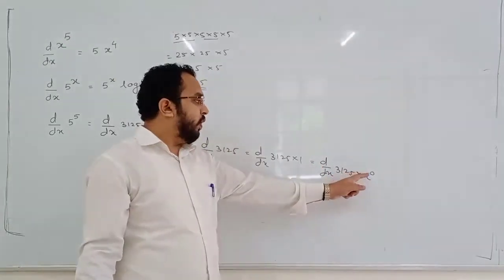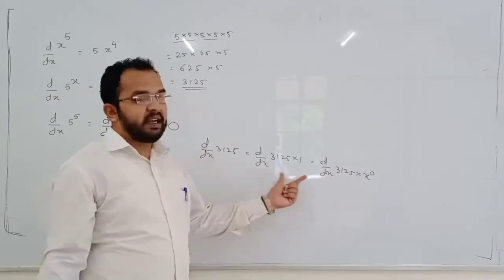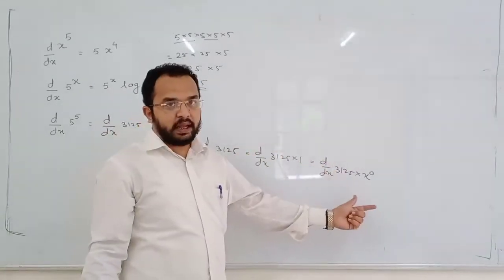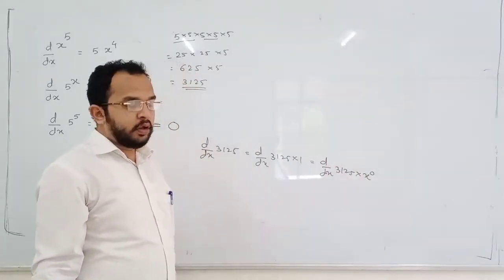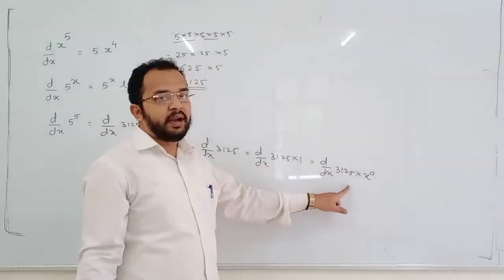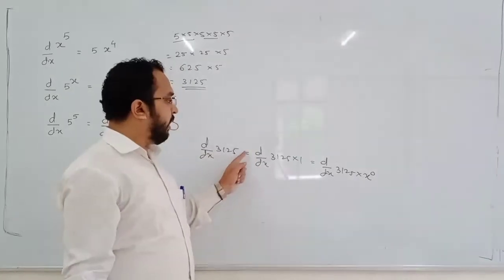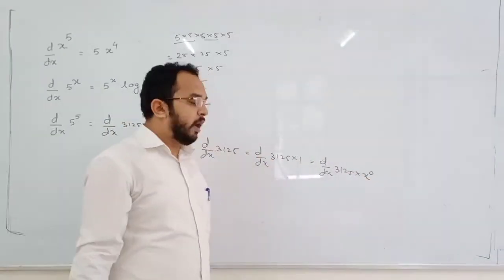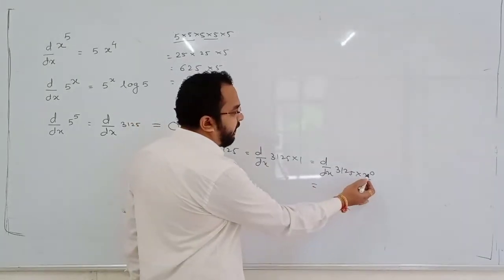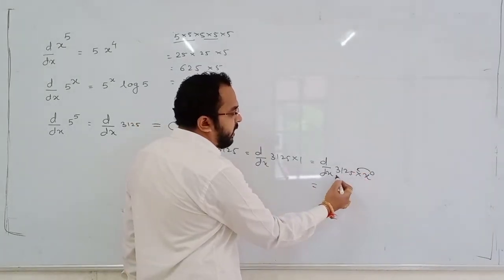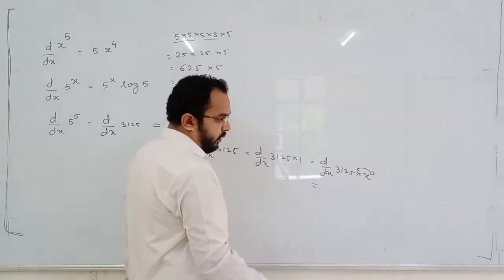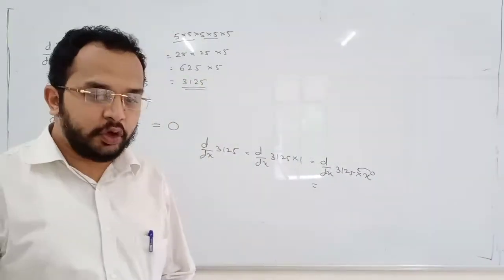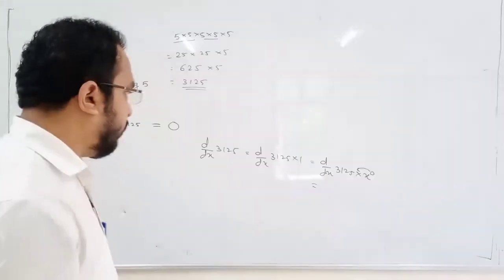And now, have I done the differentiation so far? No. I only gave this 3125 a different form. So up to this step I haven't differentiated. So 3125 can be written as 3125 into 1, and 1 can be written as x to the power 0. Now differentiate. Now if I differentiate, when this 0 comes to the numerator, everything becomes 0.